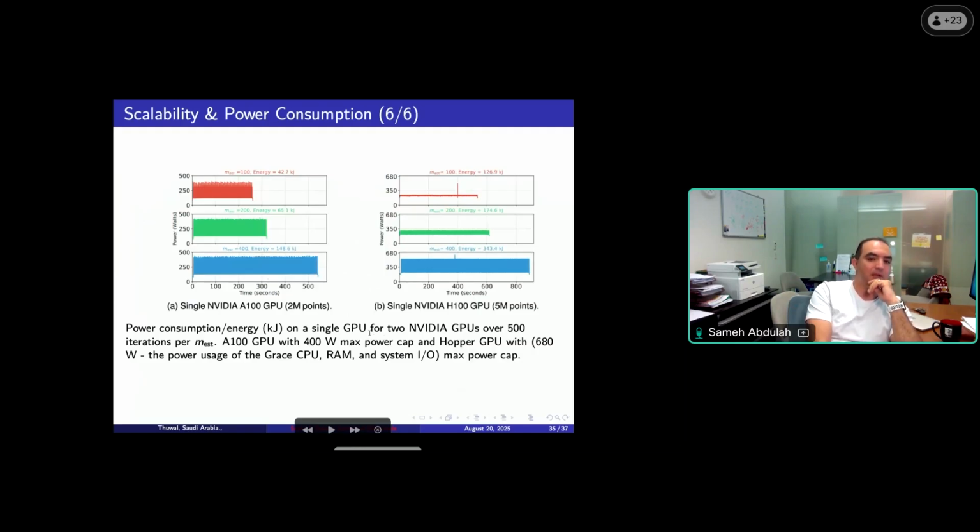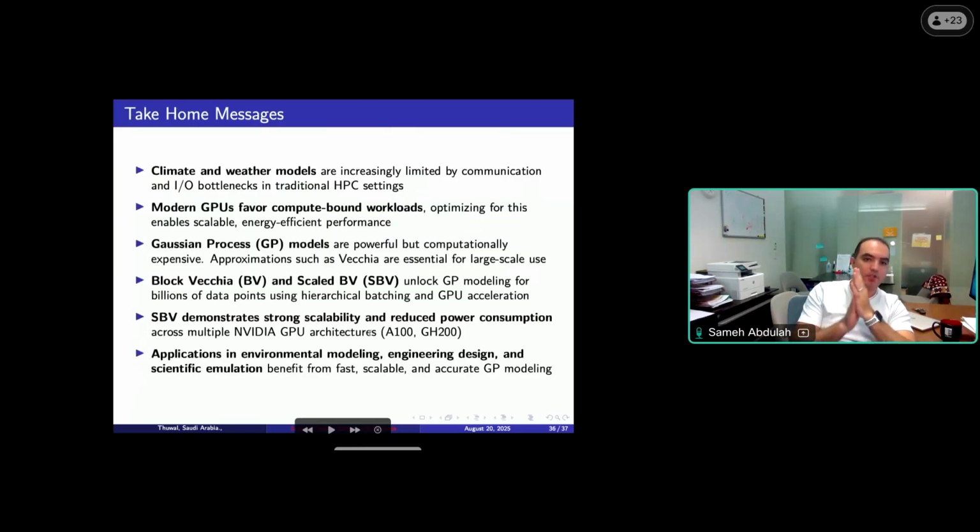Let's talk about the power consumption. I'm almost done. About power consumption, of course, when we talk about GPUs, all the people are now caring about how much you are consuming, and surprisingly, you will see that this is our power consumption per GPU for the A100 and for the Grace Hopper. But one thing is very important: we did the same power consumption measurement using our old method of MLE without approximation.